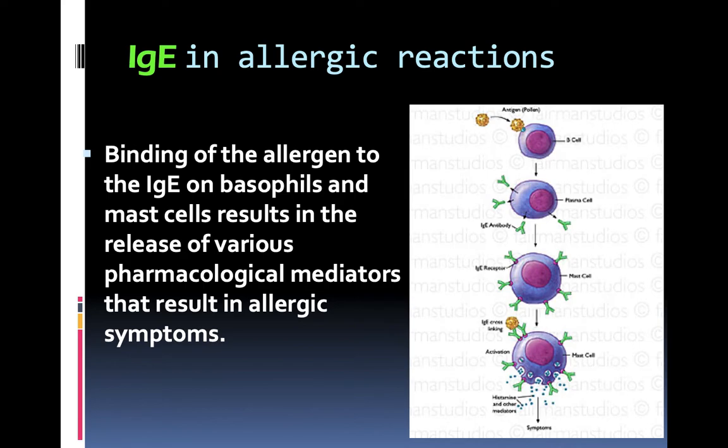It's known that each type of IgE has a specific radar, a code, for each type of allergen. Specific IgEs may have their radar.